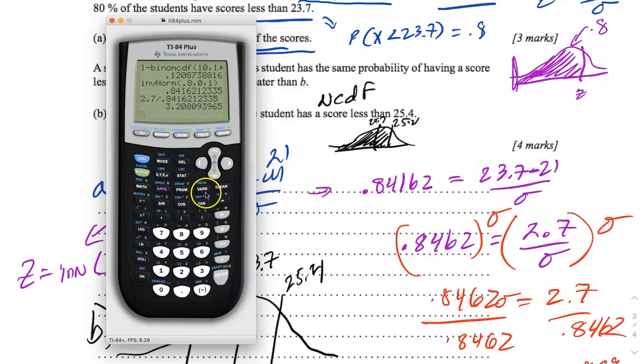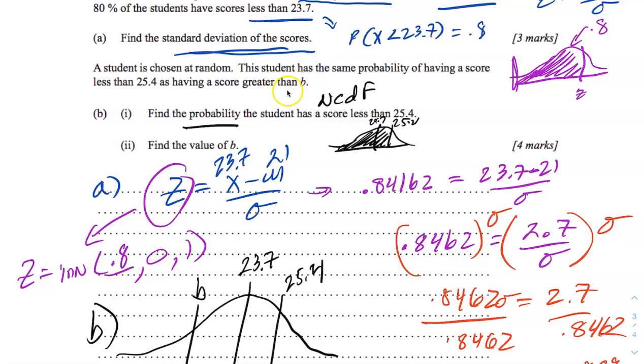Second distribution, normal CDF. I'm going to score less than 25.4, so I'll go negative 1E99 to 25.4. The mean is 23.7, no, it's not, what's the mean? It's not 21, man. This is wrong. 21, there we go. So again, the mean is 21, I read that wrong.